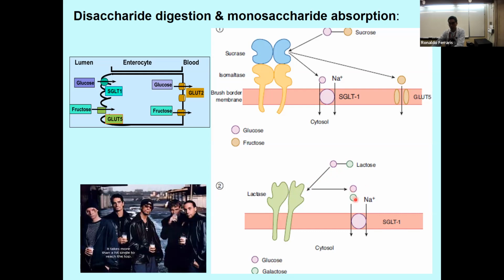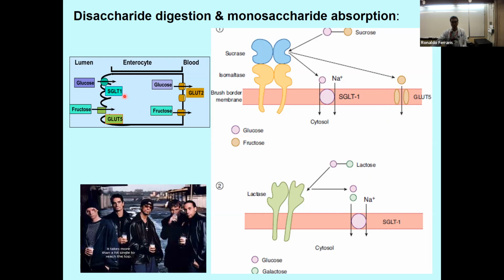Then galactose and glucose compete for SGLT1's attention, so they can be absorbed from the lumen side to the cytosol. These are very highly selective. The affinity of SGLT1 for fructose is very, very low. The affinity of GLUT5 for glucose and galactose is also very, very low. They can be absorbed, but it has to be in pharmacological quantities.